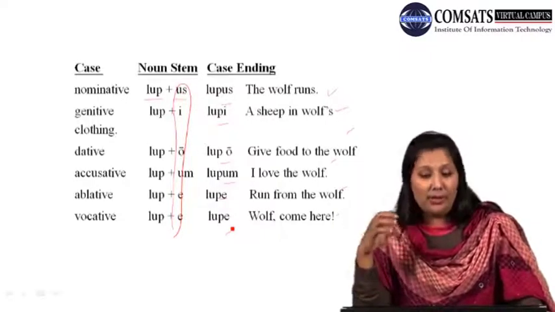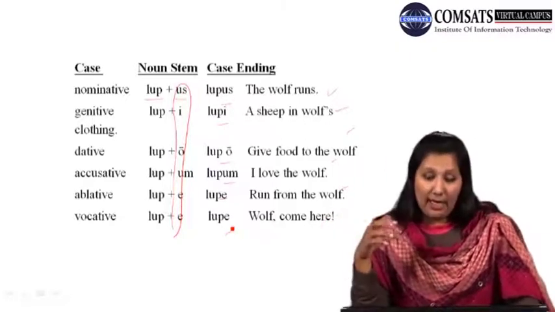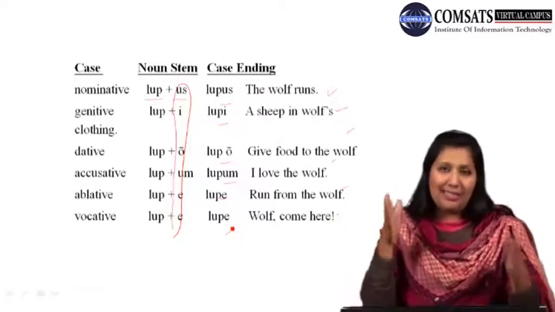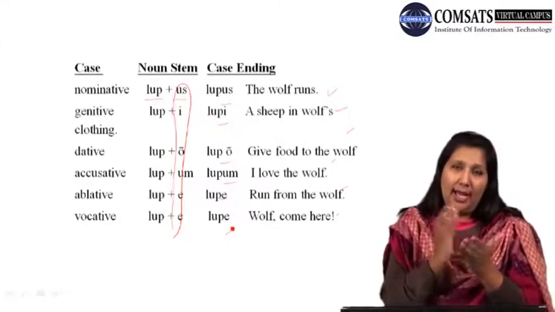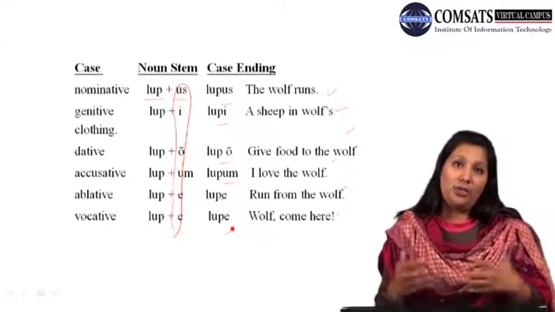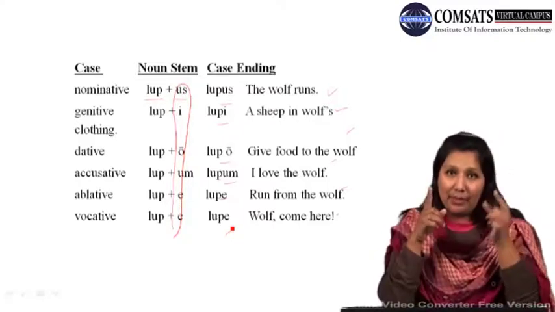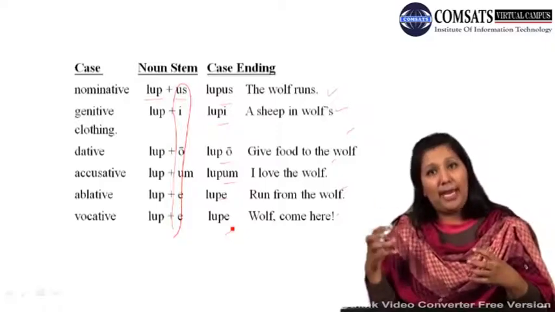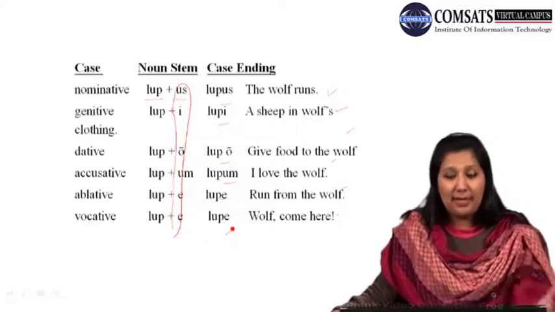If we add o, it has some other meaning. Lupum has some other meaning. Lupi, run from the wolf, and lupi, wolf, come here. So these examples show that if we add certain endings to the stem, the base of certain words, it is going to make some changes in it.